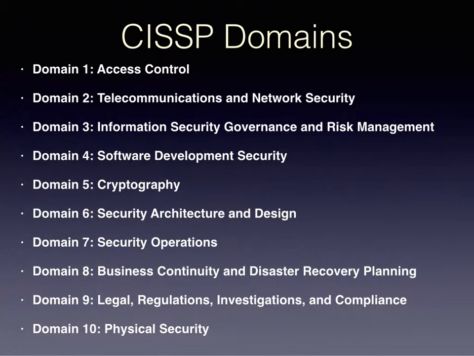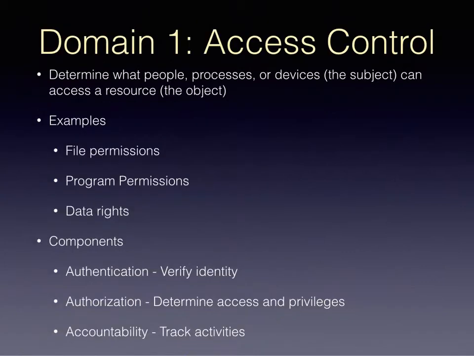So domain 1, access control. Most of what we do in security from a day-to-day basis is controlling access to information. We determine what people, processes, or devices, known as the subjects, can access, and those resources they can access are known as the objects.